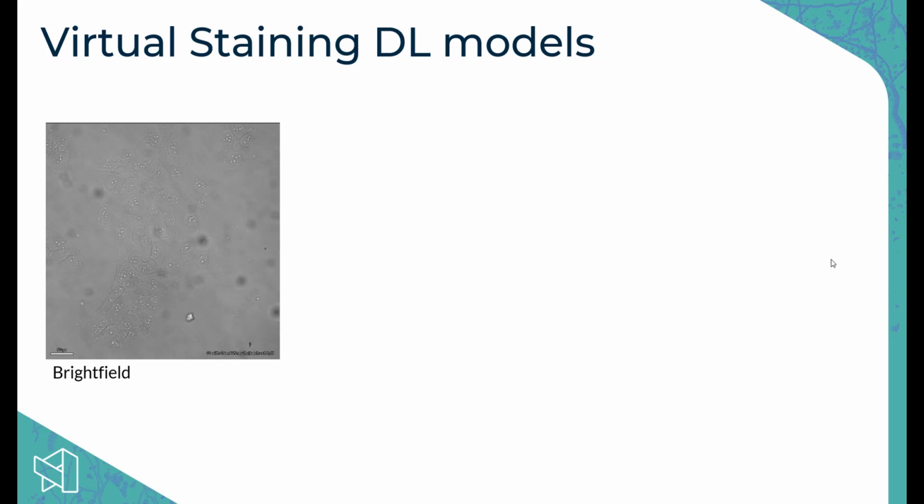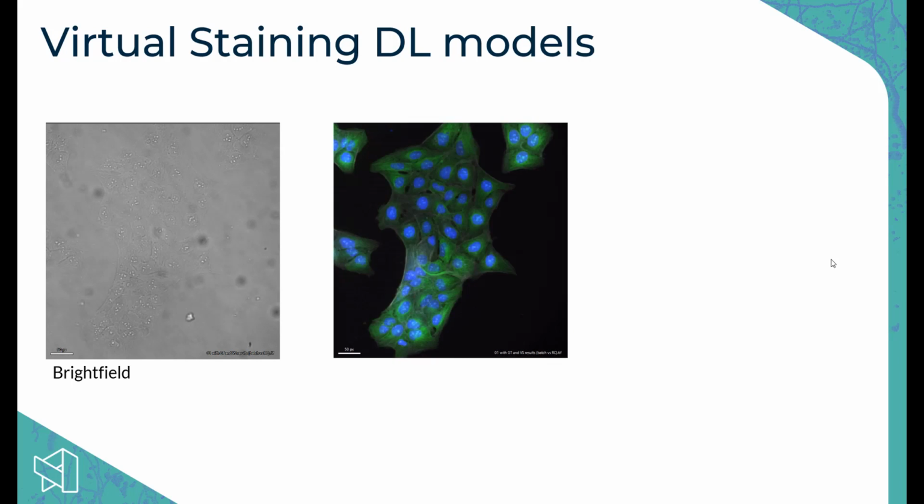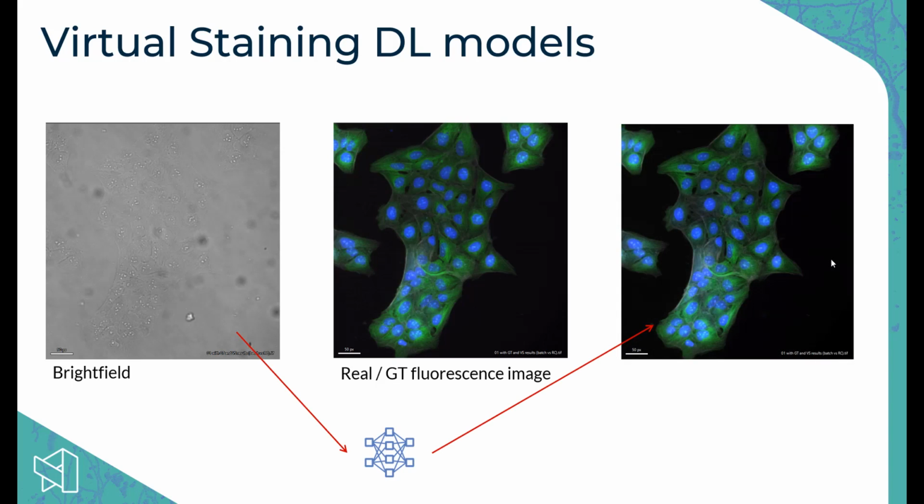We also have virtual staining models, in fact 3 of them. So from a bright field image and a real fluorescence image, both of these are real images, actual images on a microscope, we can train a model that can then predict and virtually stain another new input image that is just a bright field image, to look like the one on the right.